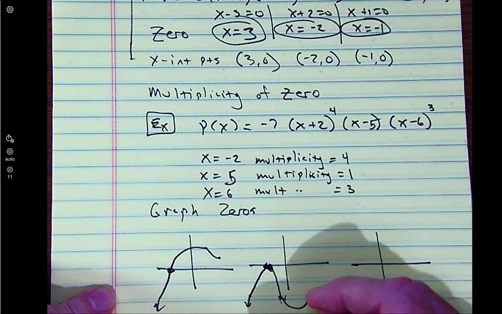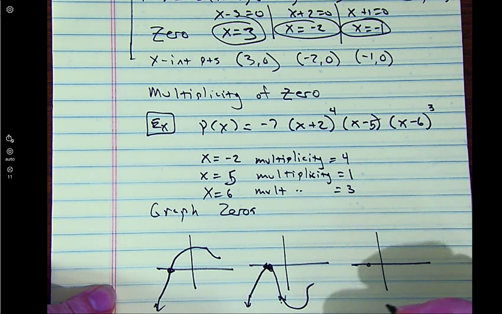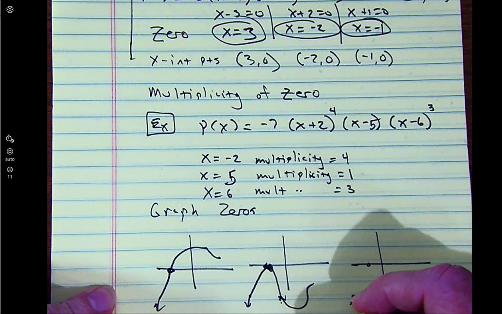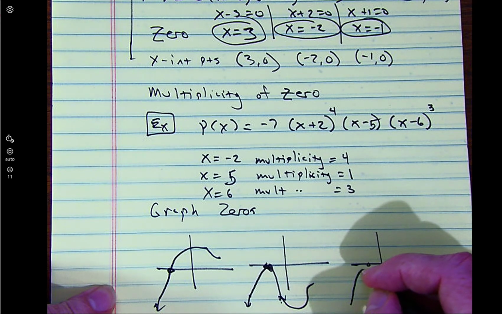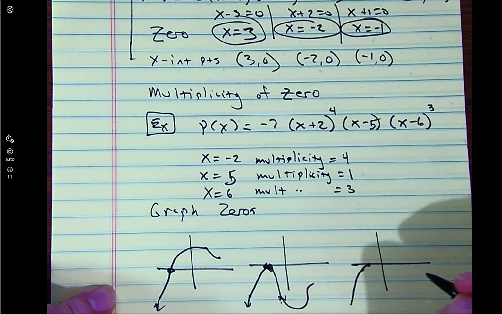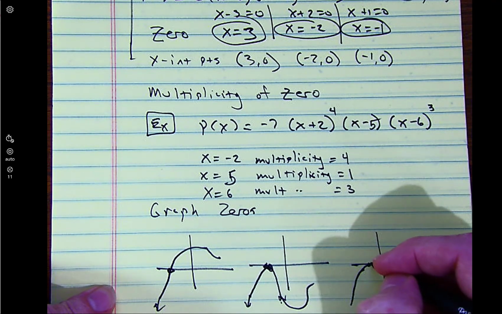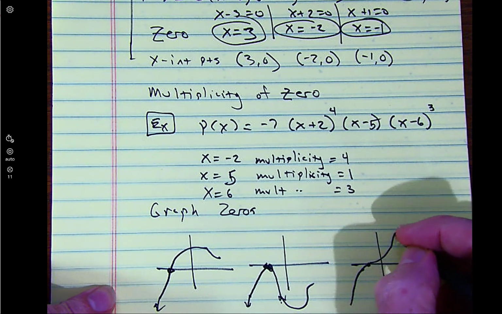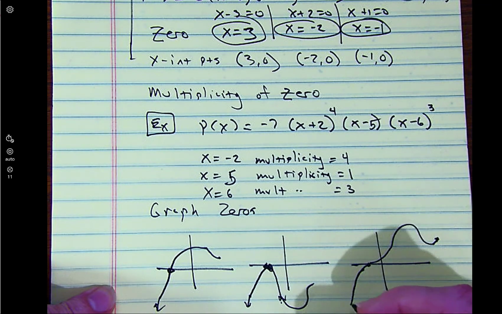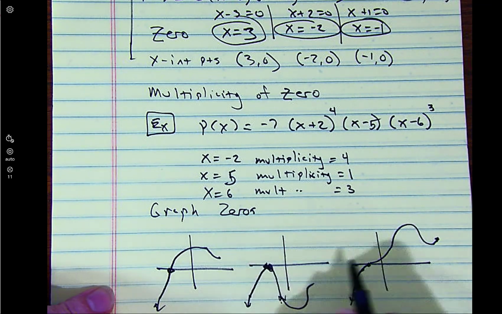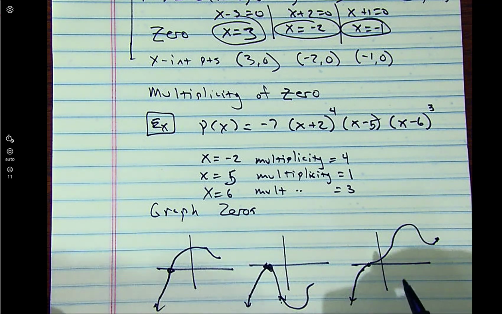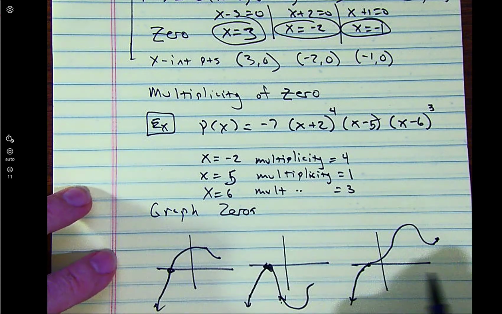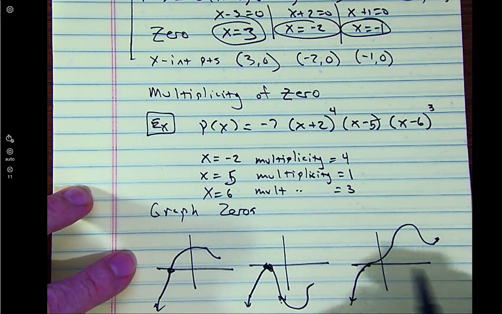Versus this graph here, where the 0 comes up to it, it looks like it's going to bounce. It's curving in, it looks like it's going to bounce, but it doesn't, it curves out. So it kind of slowly comes in and slowly goes out. So we have 3 different kinds of 0 intersections on the x-axis.